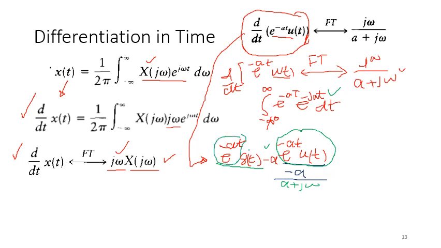Not the derivative, the Fourier transform of the impulse. Because the product of the impulse with this one is basically the impulse, this is the shifting property we have already done.